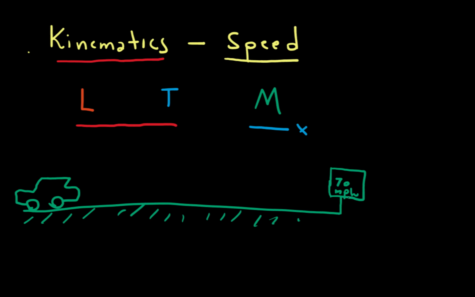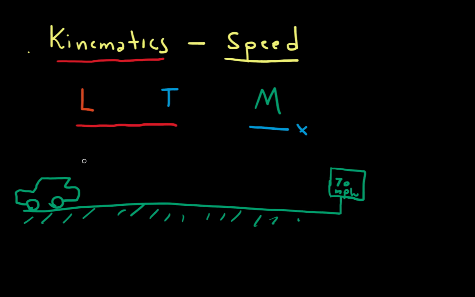So now there's a lot hidden behind this number here, 70 miles per hour. This is a number that doesn't quite fit with the length, time, and mass quantities. And there's a very good reason for it.